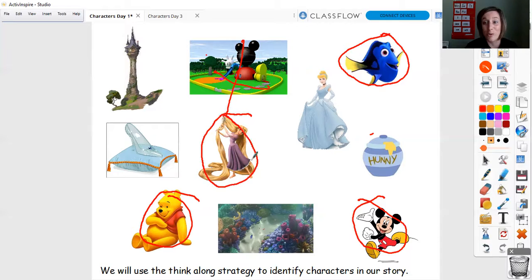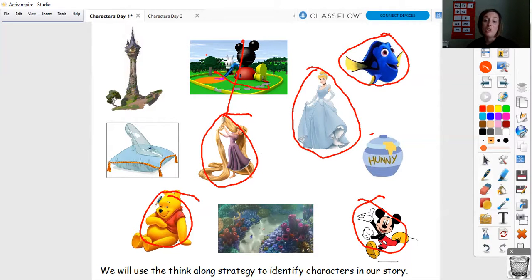It answers the question who. And that's right, if you said it, Cinderella. That also answers the question who. These other things are parts of a story, but they don't tell us who it's all about. So friends, that's what we're going to be doing today in reading.